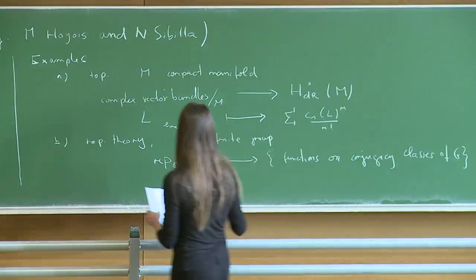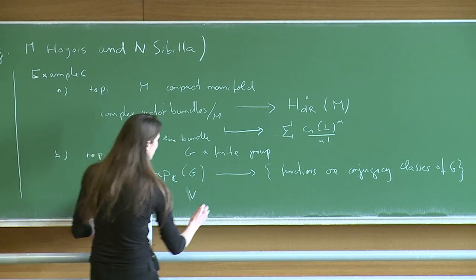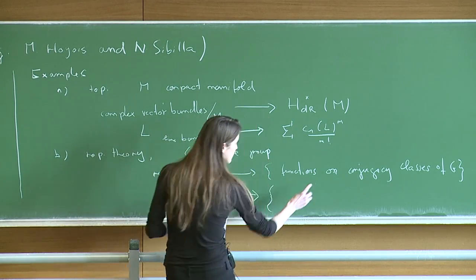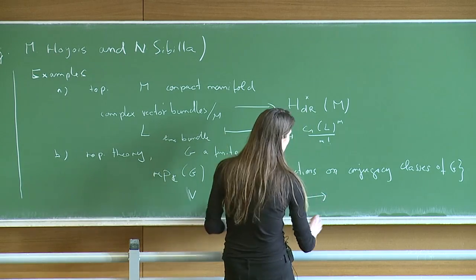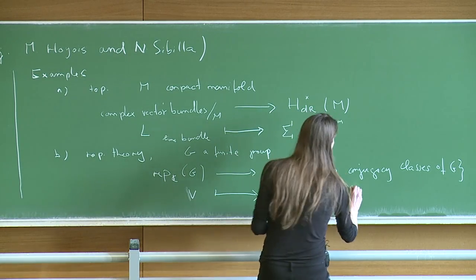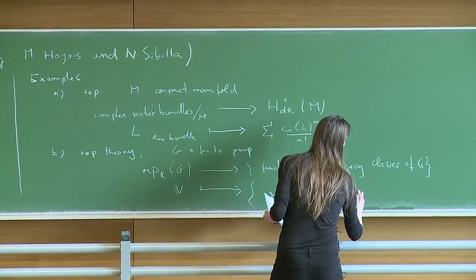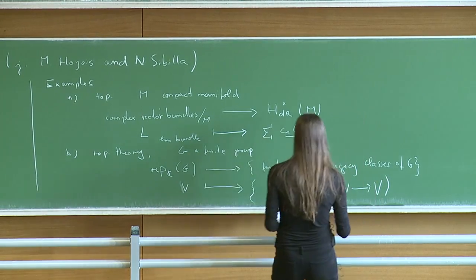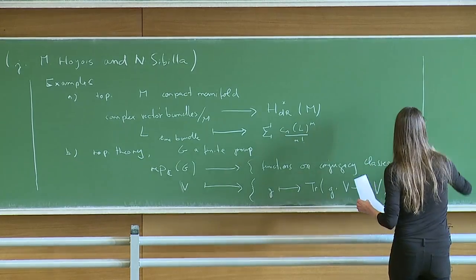And it just sends, if I pick here a module of G, so a vector space V with a G action, then it sends a representative of this conjugacy class, let's say g, to the trace of the automorphism that g induces on V by its action. So this is just the classical character of a representation.